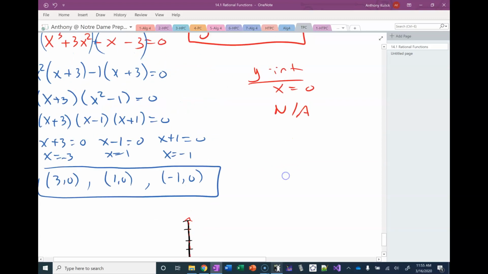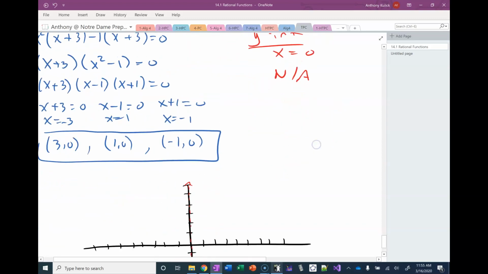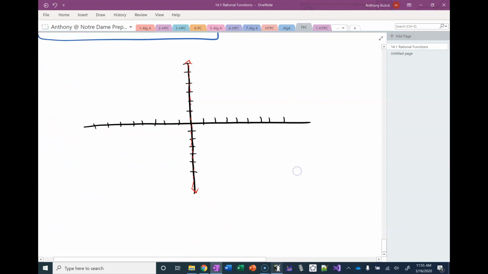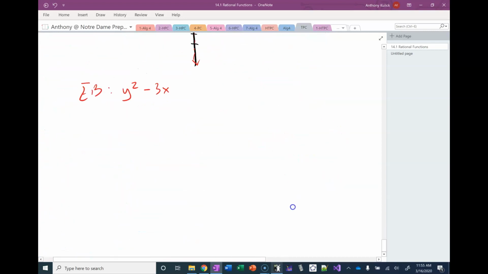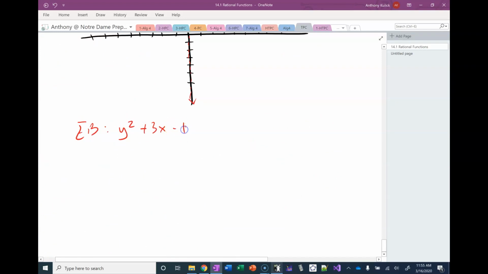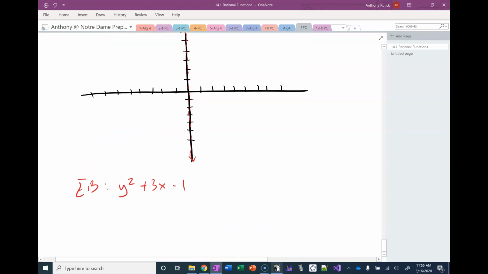The problem is my end behavior is a quadratic. So to graph a quadratic, oops, I forgot the +3. We need a couple of things.